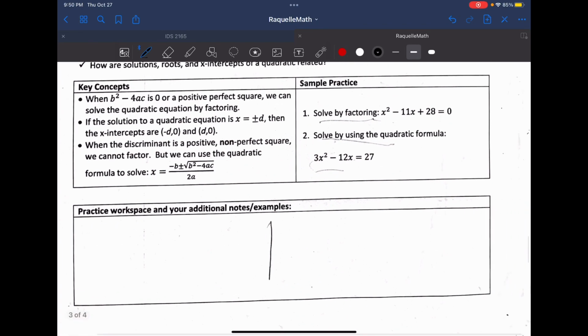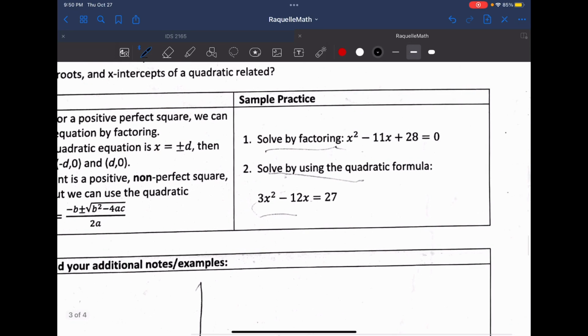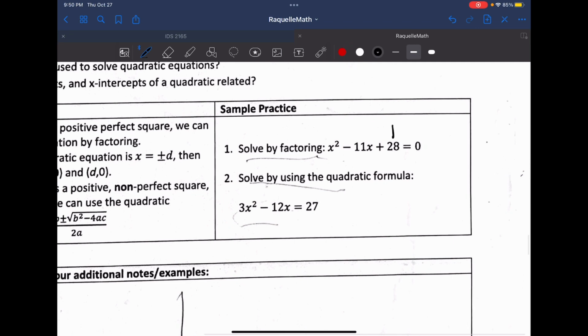Okay, to solve by factoring, we basically think about this number and how we get it, and if it can add up to 11. So what are the factors of 28?